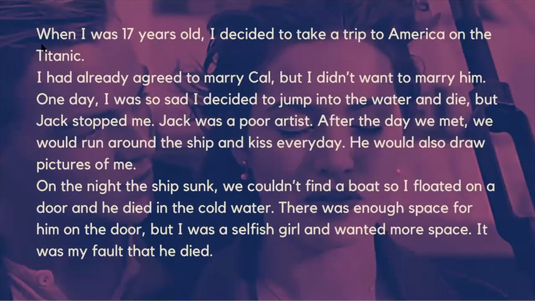So here, when I was 17 years old, this is in past simple and it's part of the background. And then you say, I decided, past simple, because it's a decision that she made and it's already finished in the past, to take a trip to America on the Titanic.